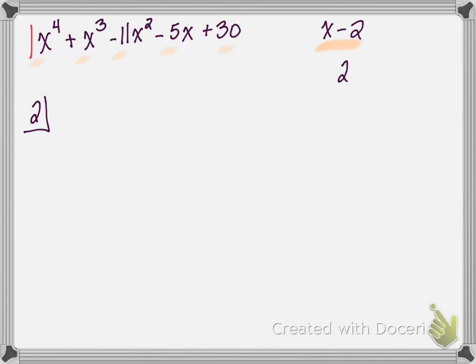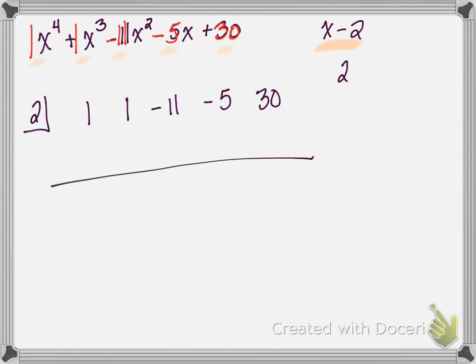So I have a 1, negative 11, negative 5, and positive 30. Those are the numbers that I'm going to use for synthetic division. So I have 1, negative 11, negative 5, positive 30. Okay? And then I bring down that first term.